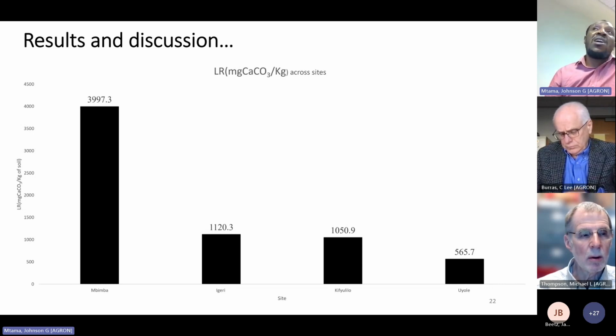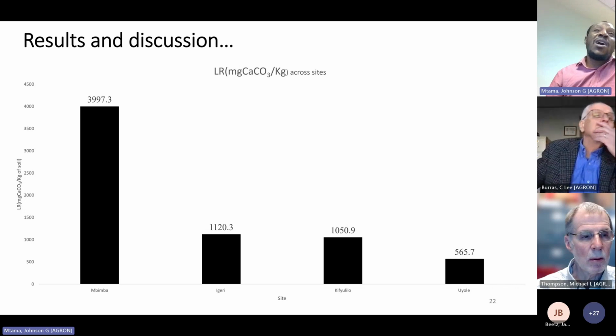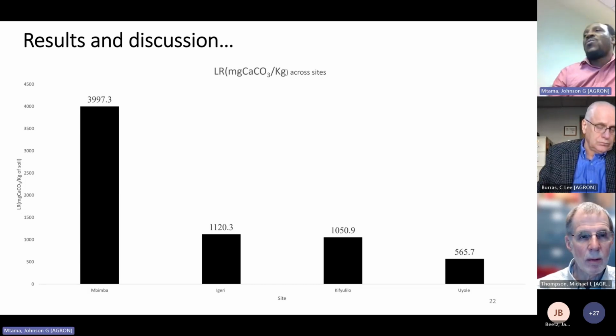So we need more calcium carbonate to kick out these exchangeable acidity from the exchange sites and into the solution, such that we can neutralize them with the liming materials. And for the other sites, as you can see, the least amount is required in Uyole because the acidic conditions are not that serious in that site.